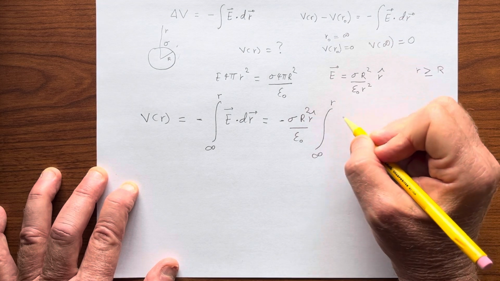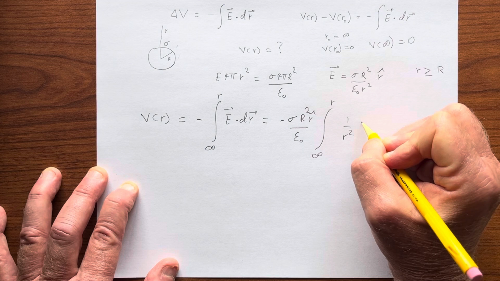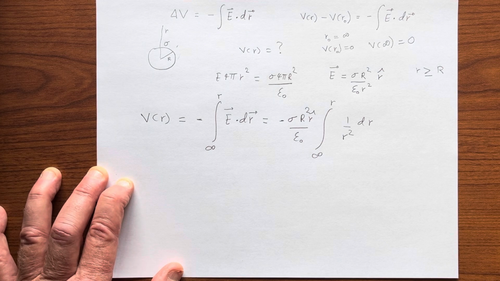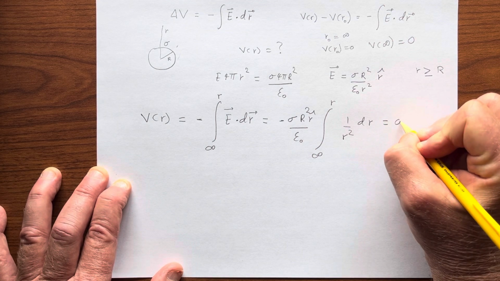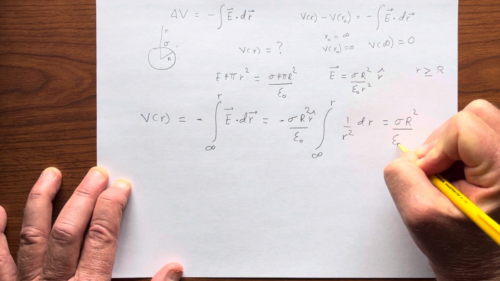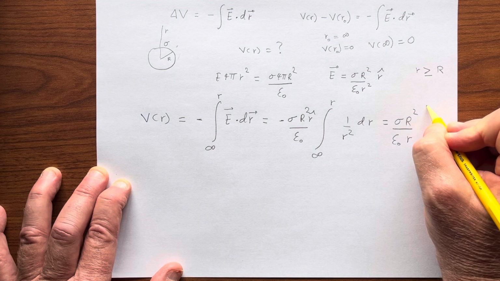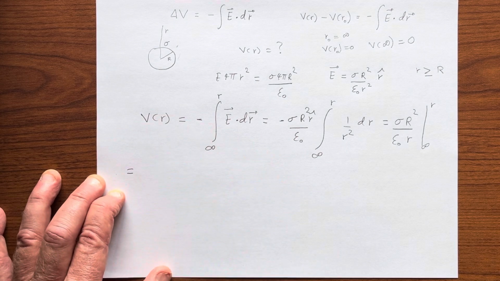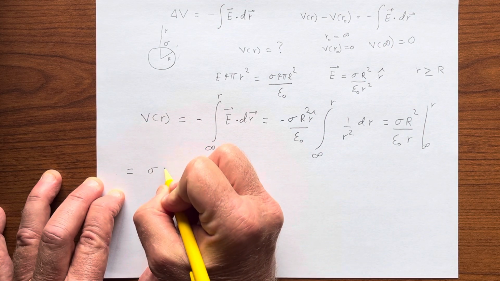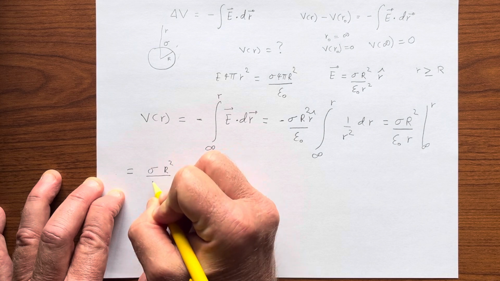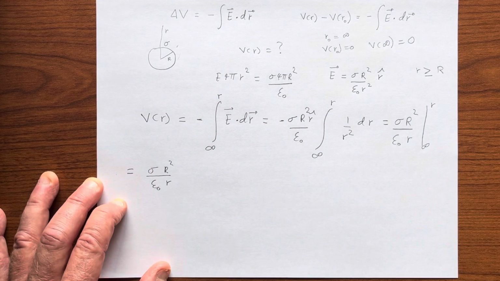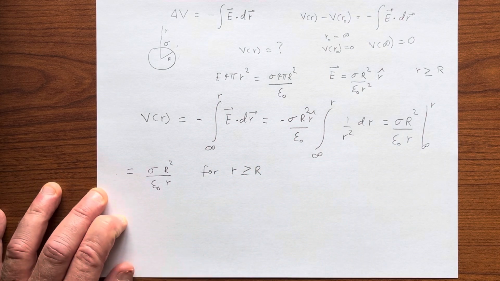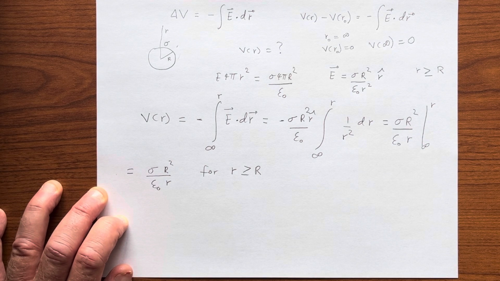Really we should say r prime somewhere here, but let's just leave it for simplicity, dr. So we had sigma capital R squared over epsilon naught r, from infinity to r, which gives us sigma R squared over epsilon naught r, and this is for r greater than or equal to capital R. That's the electric potential outside the shell.